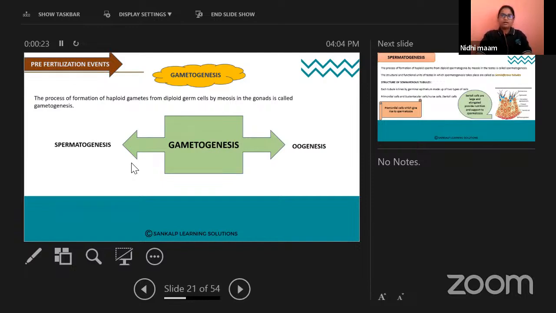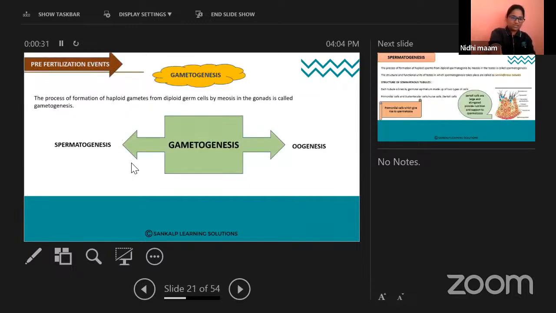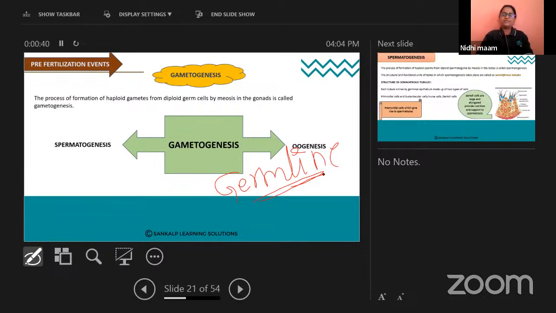So here, there is a line called the germ line. In every organism, like mammals, we will have a germ line, the germinal layer. Each individual cell of the germ line is called a germinal cell.